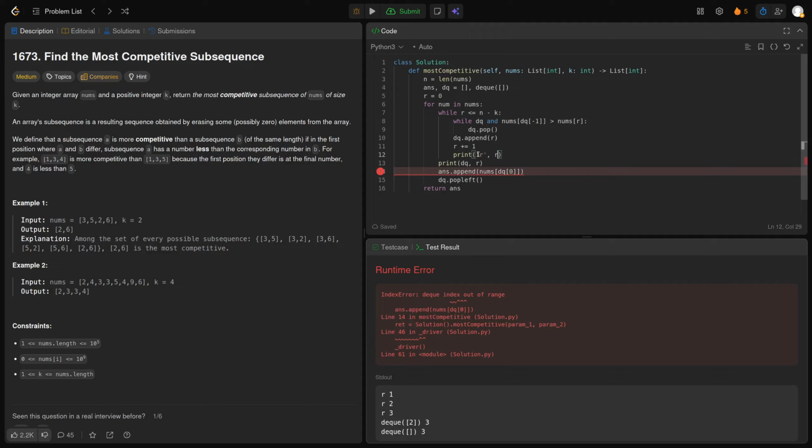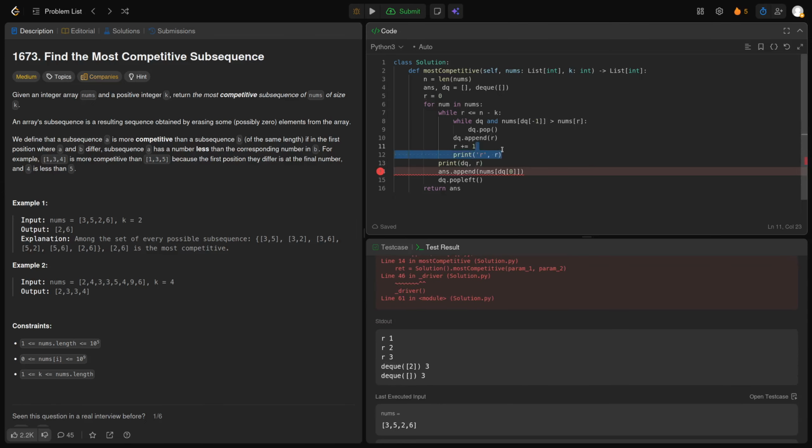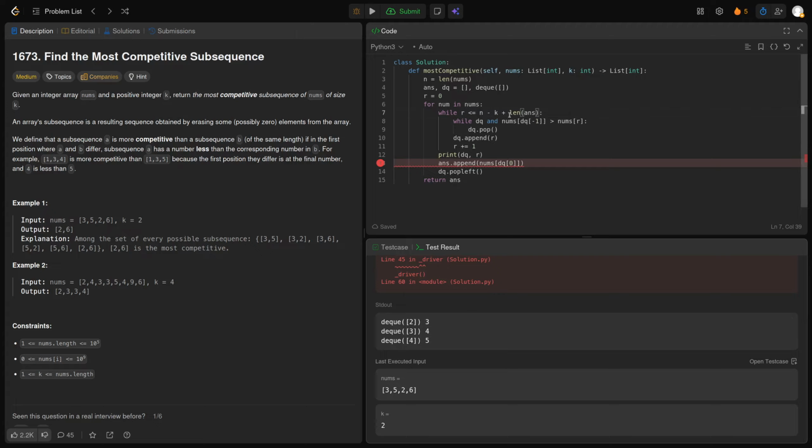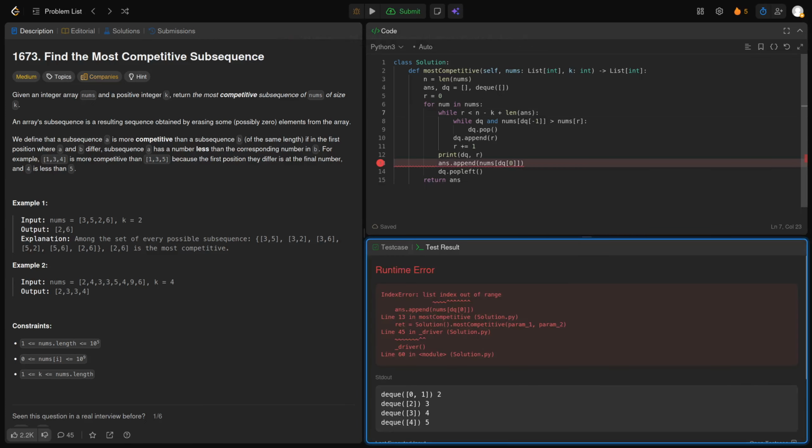Okay, so it's 3 here. Oh, I need to decrease K. We should keep a decreasing sequence, right?